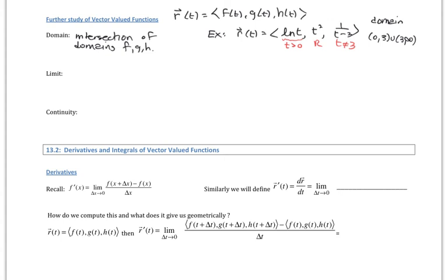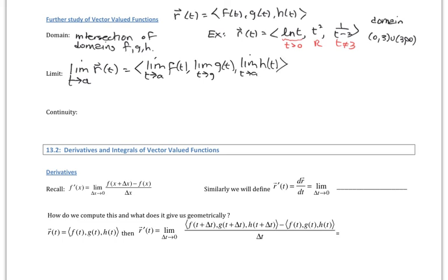The limit, the way the limit is defined, is to take the limit of each of the component functions. And I'll let you look at your book for an example there.